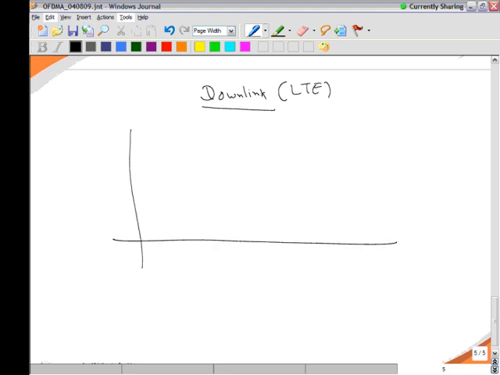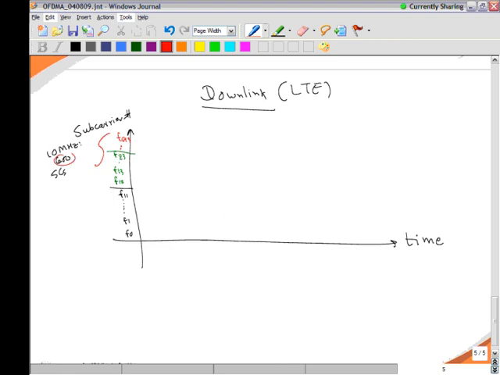I will draw some times here. Here I have subcarrier number. Let's talk about 10 megahertz bandwidth. So I have 600 subcarriers. I will give some numbers: F0, F1, F11, 12, 13, etc. And finally I will reach 599.